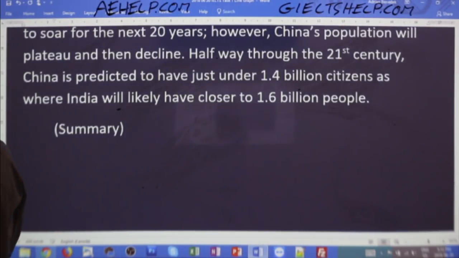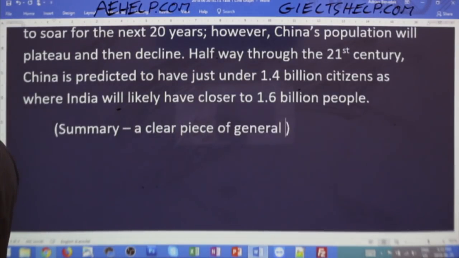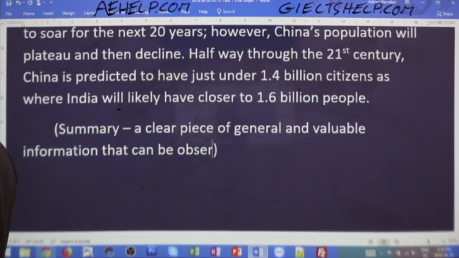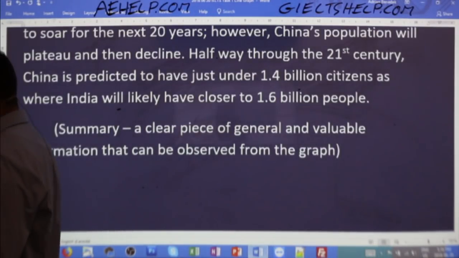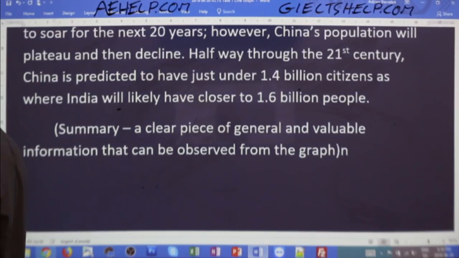A summary is a clear piece of general and valuable information that can be observed from the graph. Okay, and this is true for a graph or a table or anything else. So you can just start with in summary.